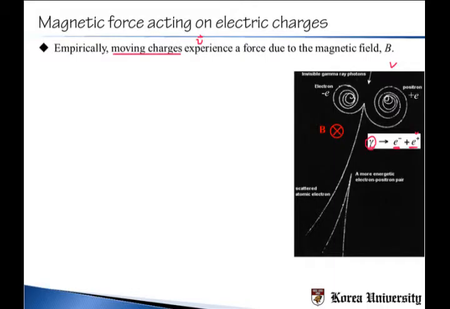Okay, so in this figure, we have the magnetic field vector like this, which means that this magnetic field is going directly into the screen. Okay, and then this arrow on the top indicates the original direction of the gamma ray, and then looks like it's splitting into the electron and a positron at this location.